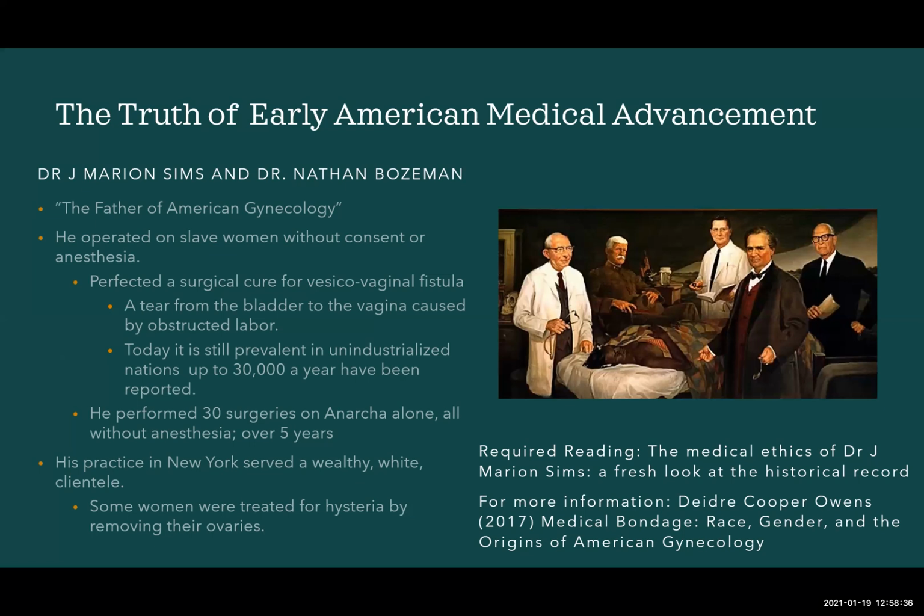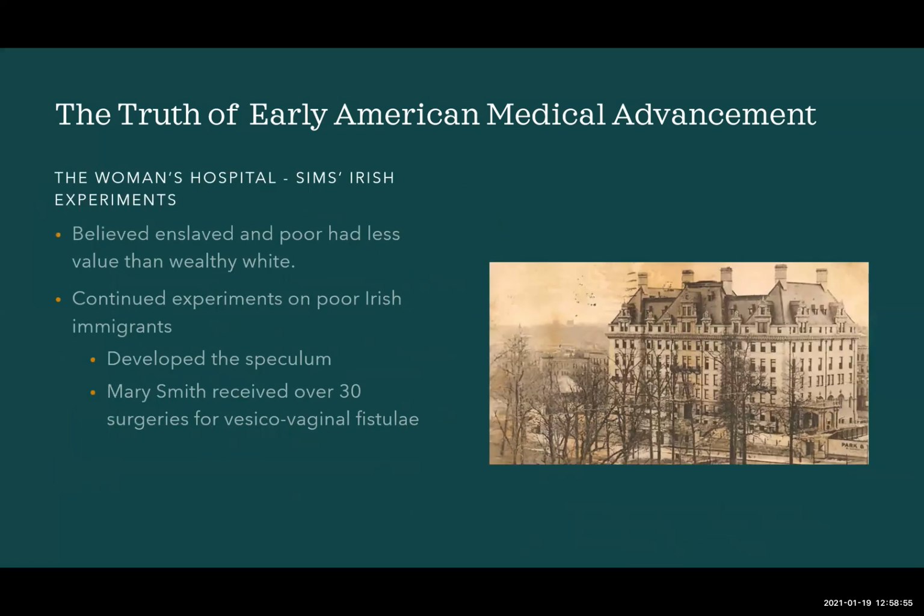His code of ethics was pretty off, because he continued among this wealthier population. He would treat what they called hysteria, which could be anything, by removing women's ovaries, and again without anesthesia. He also continued his research on perfecting the vaginal vesicular fistula by opening the Women's Hospital in New York.